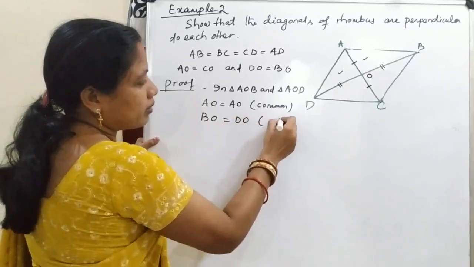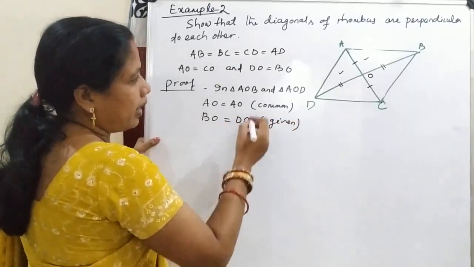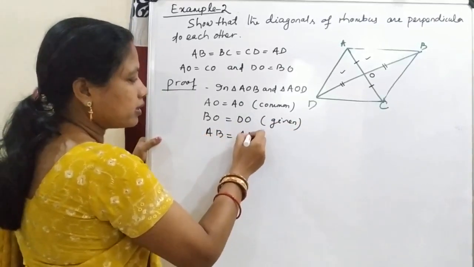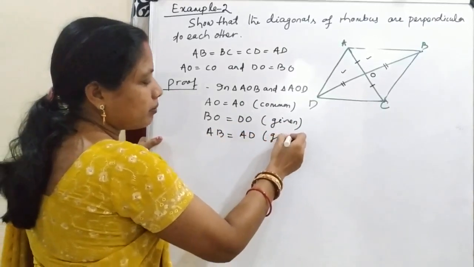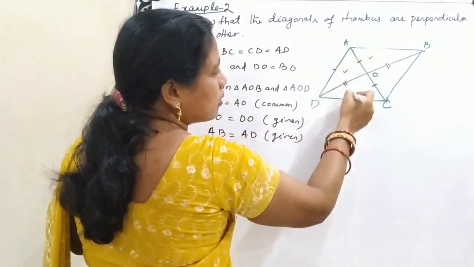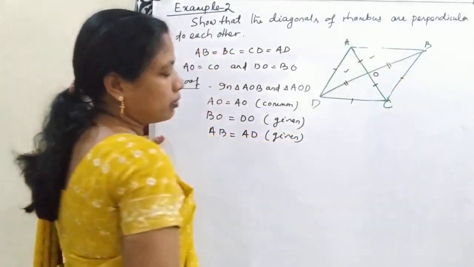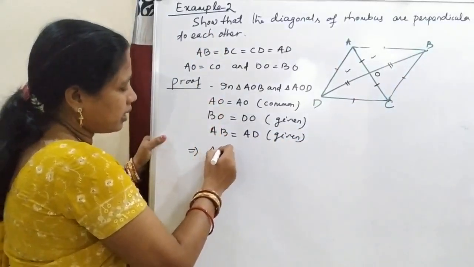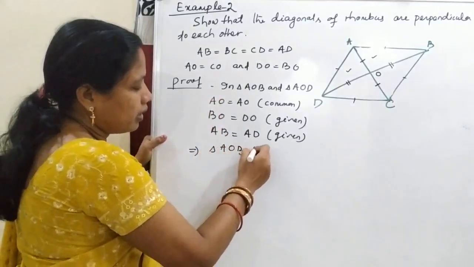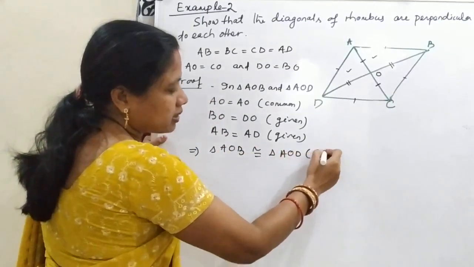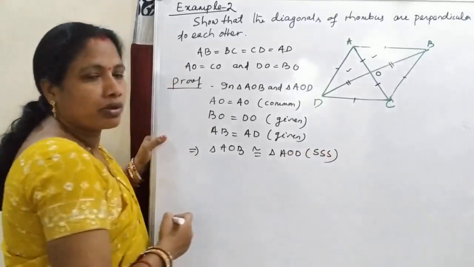This is given. And AB is equal to AD. This is also given, because in a rhombus all the sides are equal. So by the three conditions, triangle AOB is congruent to triangle AOD by SSS congruence rule.